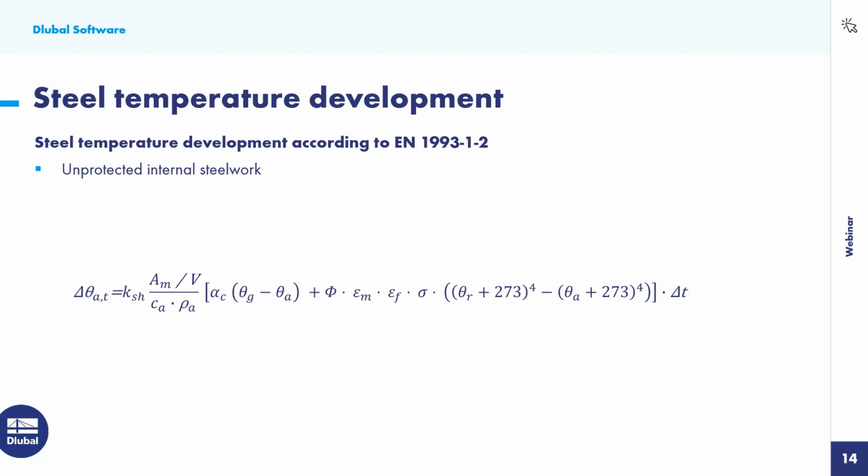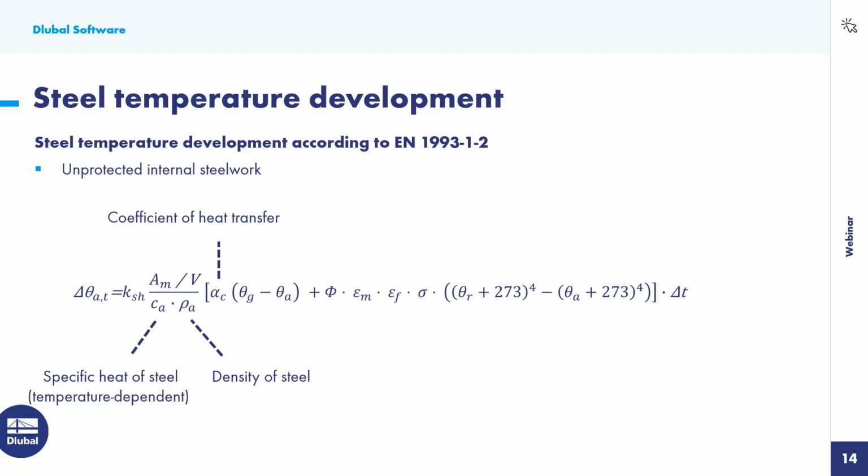Most of the parameters represent physical constants that we as structural engineers cannot influence as much as we'd like to. There would be the specific heat of steel, the density of steel, the coefficient of heat transfer, the configuration factor, the emissivity of fire, and the Stefan-Boltzmann constant. Those we shouldn't touch at all.